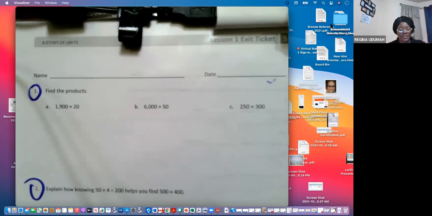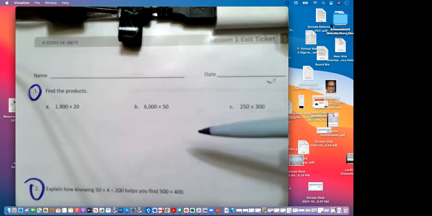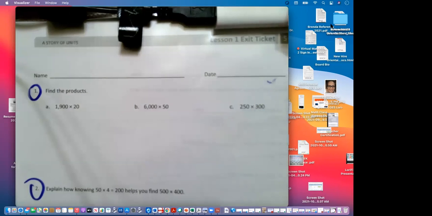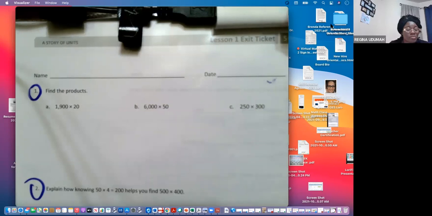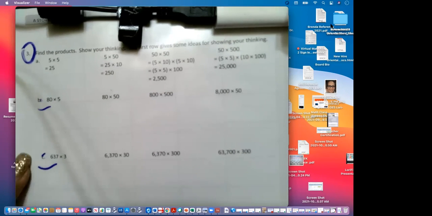On page 23, you're gonna do problem number 1 using any strategy that you like, and number 2, explaining how knowing that 50 times 40 is 200 helps you find the answer for 500 times 400. And then on page 25, you're going to do 3, B and C. Let me put it in the chat.